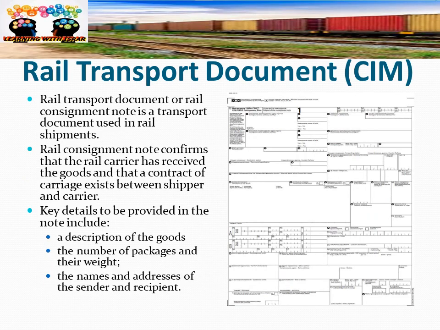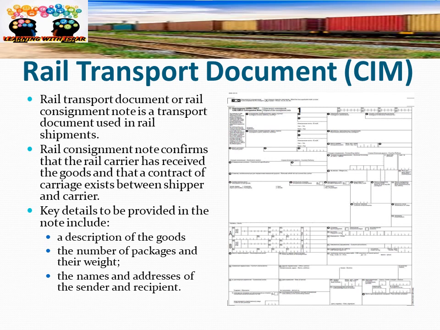Okay, the next one is the rail transport document, which is CIM, carriage for rail. Rail transport document or rail consignment note is a transport document used in rail shipment. So here is a picture of that. Rail consignment notes confirm that the rail carrier has received the goods and that a contract of carriage exists between shipper and the carrier.